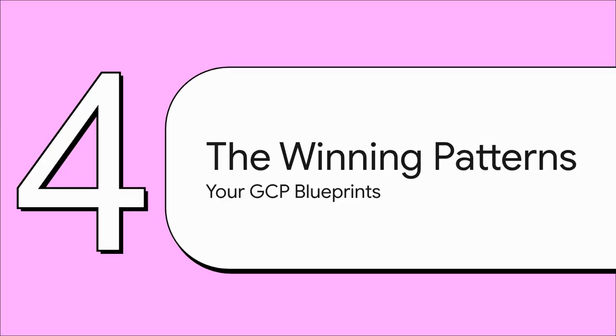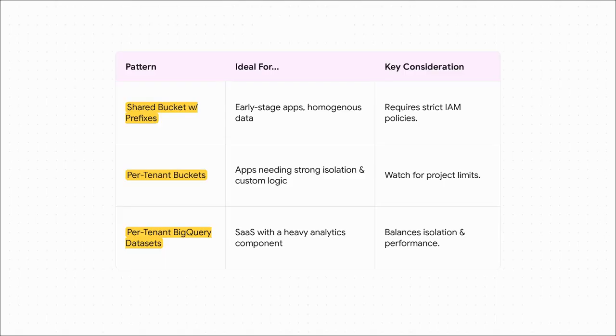Okay, we've explored the landscape, we've navigated the dangers. Now let's distill all of this down into 3 practical, actionable blueprints that you can take from this and apply directly to your own project. Here it is, your cheat sheet. Look, if you're an early-stage app and all your customers have pretty similar data needs, start with a shared bucket. Just become absolutely obsessed with your IAM rules.